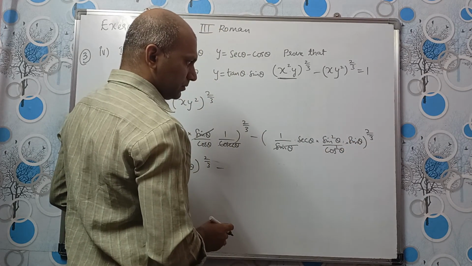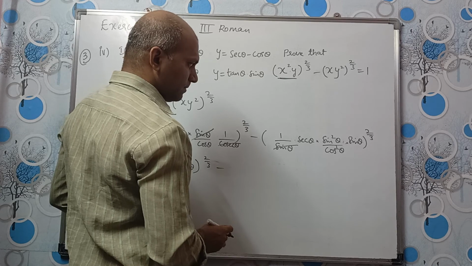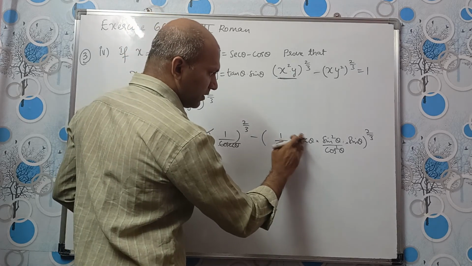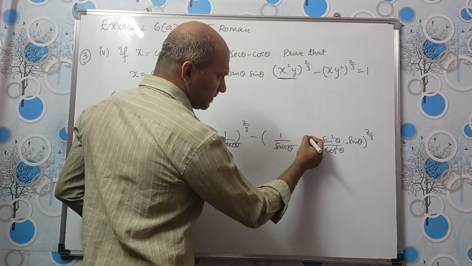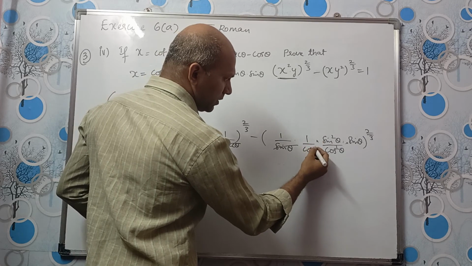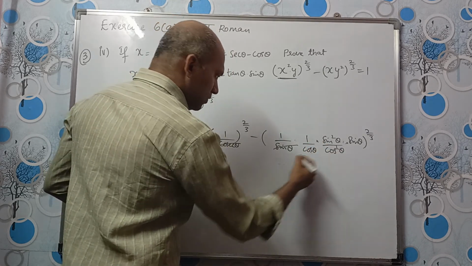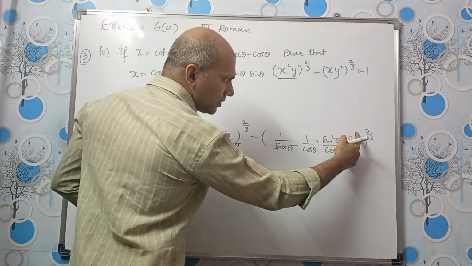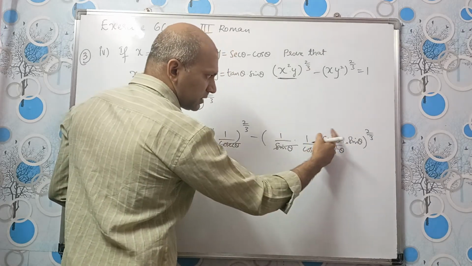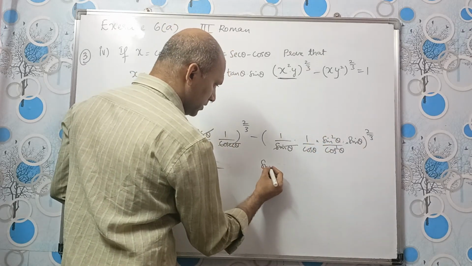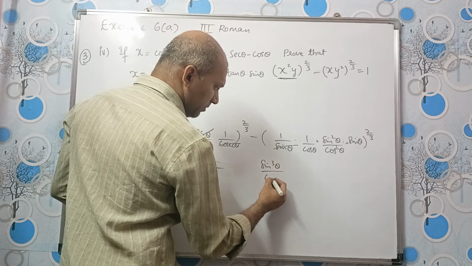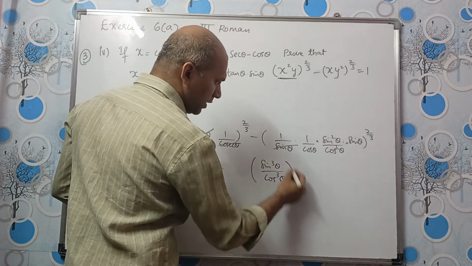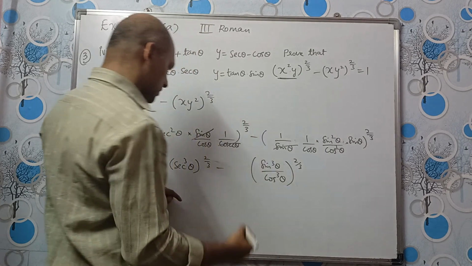What else? Secant, we can write as 1 by cos. So what is left now? Sine cube divided by cos cube, since sine square into sine is sine cube, divided by cos cube, whole power 2 by 3. Yes, we got the answer.